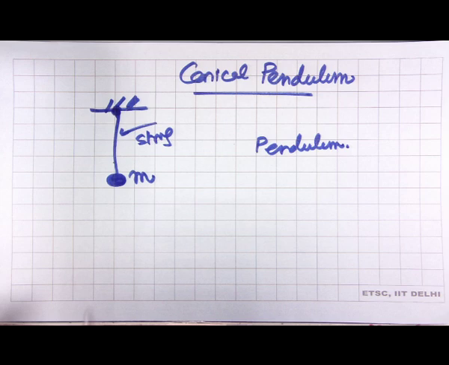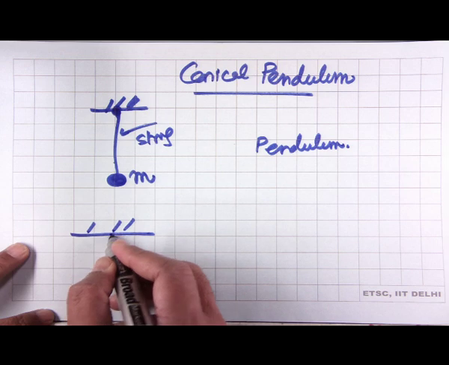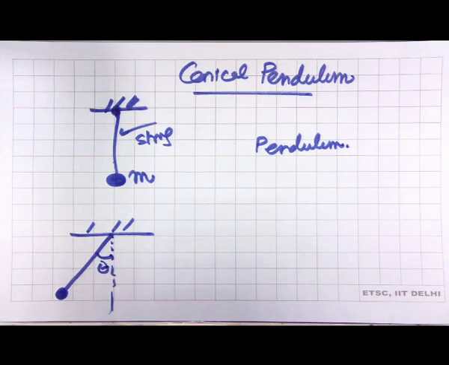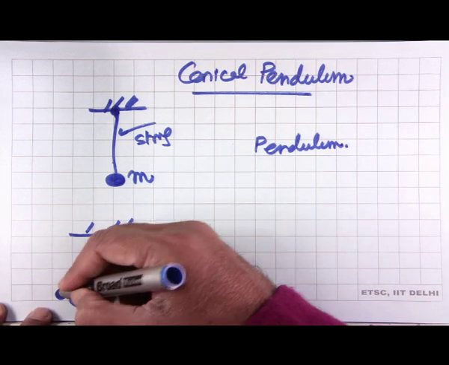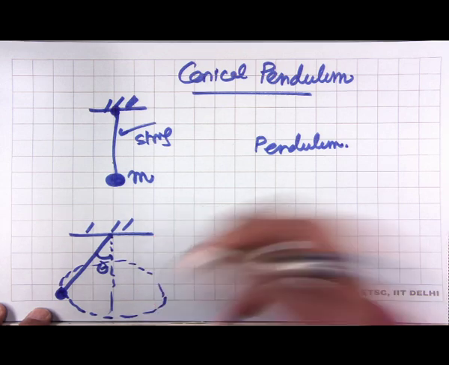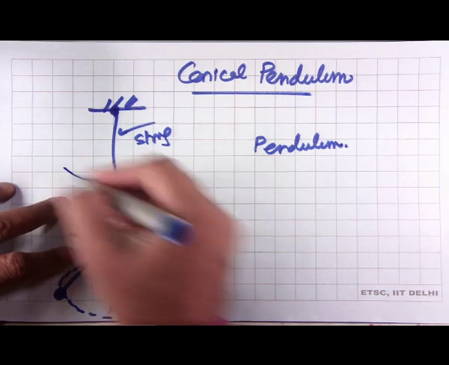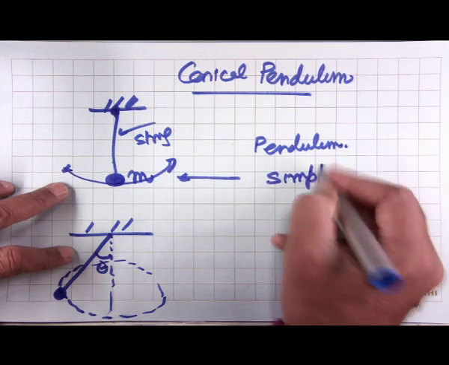Now, this was the initial position of the pendulum; let us take it at an angle theta, and then we let this pendulum move in a circular path. If this pendulum moves in its own plane, this is what we call a simple pendulum.